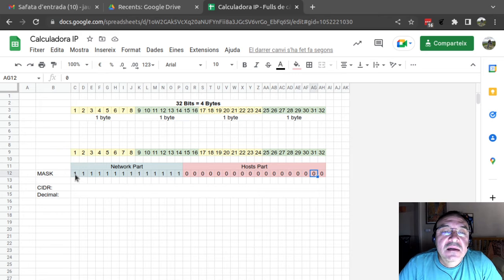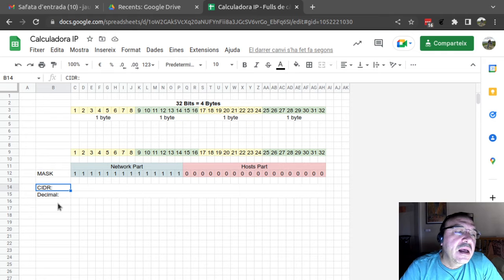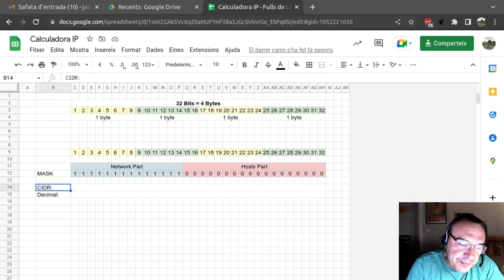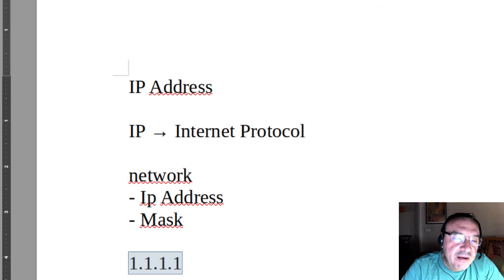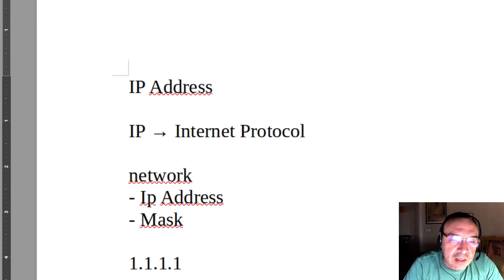For us, that's difficult to understand and to remember, so we'll use two different ways of representing that network mask. One is called CIDR. CIDR means classless interdomain routing.